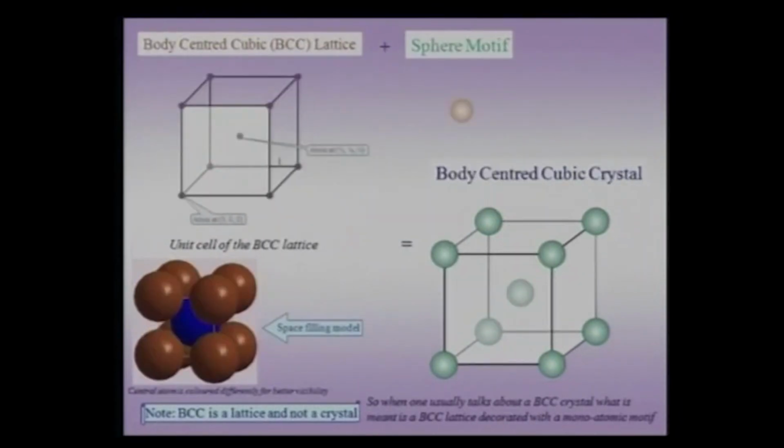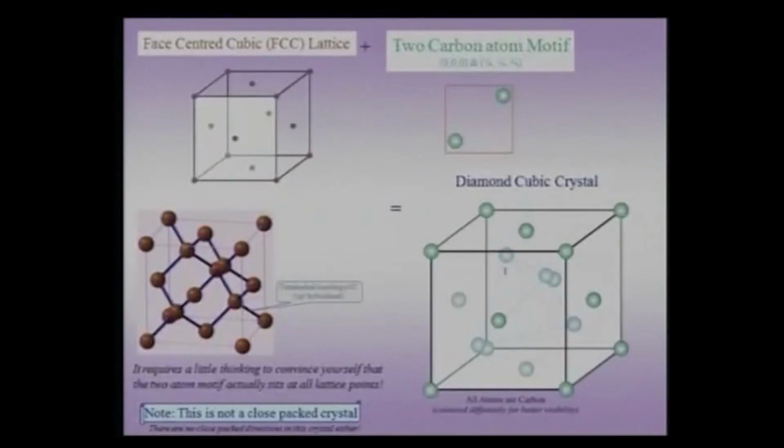So, it is a close packed crystal with close packed directions in it. When we went to the BCC, we saw that it is not a close packed crystal, but it still has close packed directions, which are along the body diagonal of the body centered cubic crystal. Now, we have another example, the diamond cubic crystal, which neither is close packed nor has any close packed directions, because if I try to travel along the direction of touching, which is the body diagonal direction, I see that this atom is touching this atom, but then the next connectivity is from this quarter position to a half 0 kind of position.